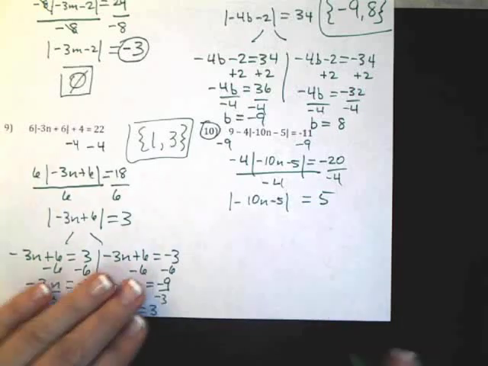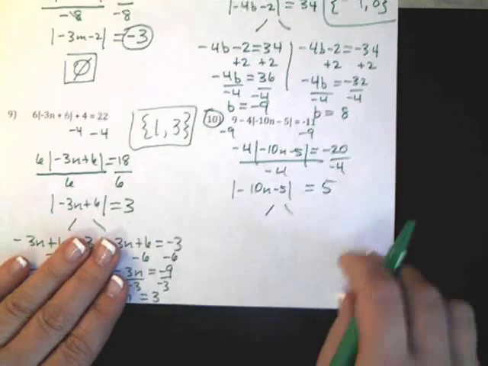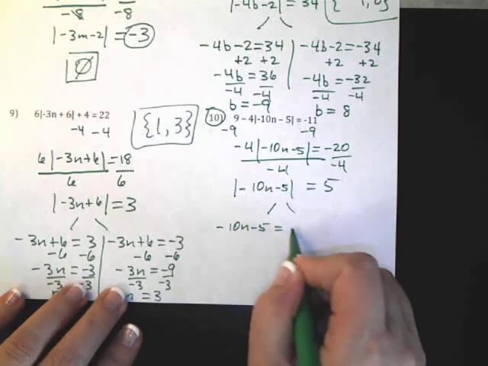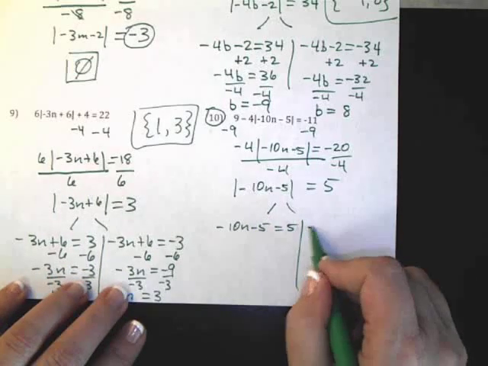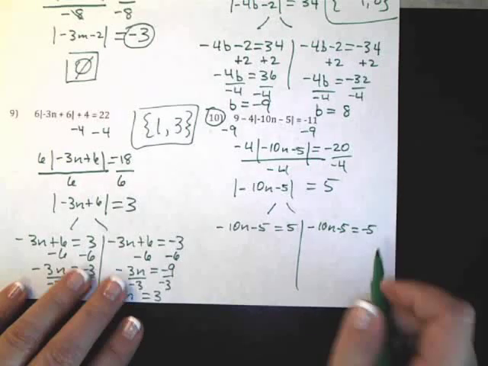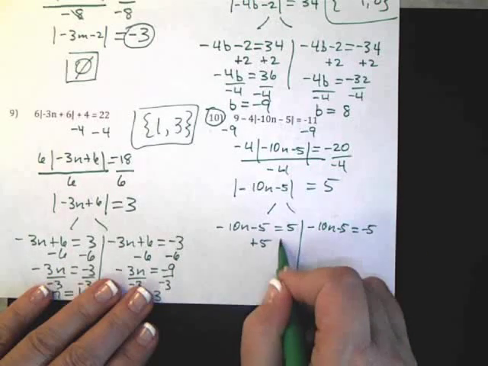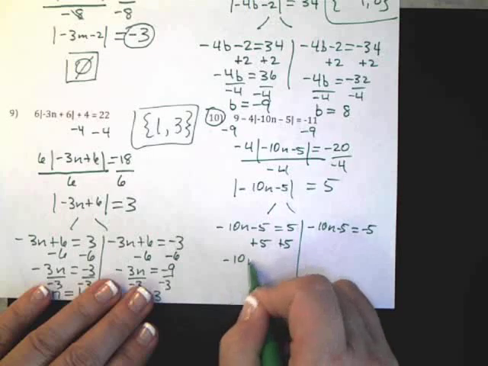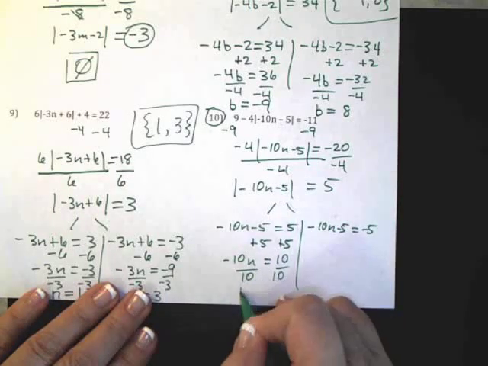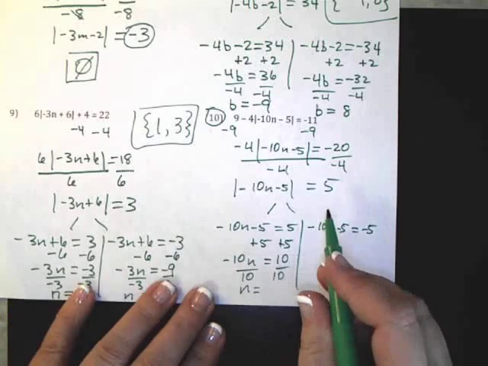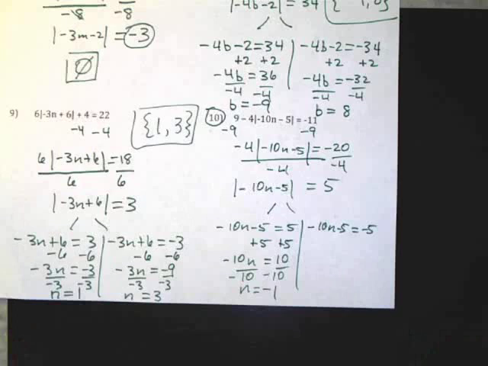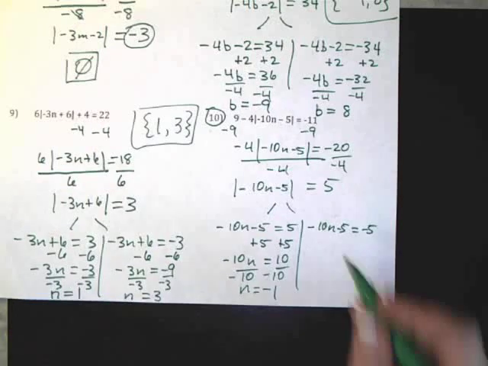From here, let's separate this equation into two separate equations. Negative 10n minus 5 equals positive 5, and negative 10n minus 5 is equal to negative 5. Adding 5 to both sides and dividing by a negative 10, n is equal to negative 1 for the left-hand side.